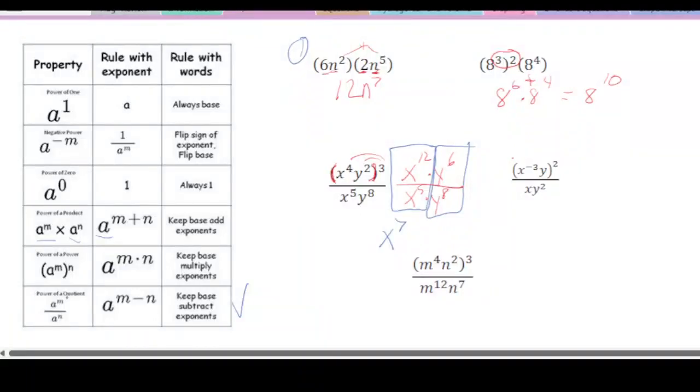Notice it says m minus n, so it's top minus bottom. So that'll give you y to the negative 2. But now we have another rule to use, which says that if I have a negative power, I flip the sign of the exponent and I flip the base, which means that instead of this being in the numerator, now this ends up being in the denominator.